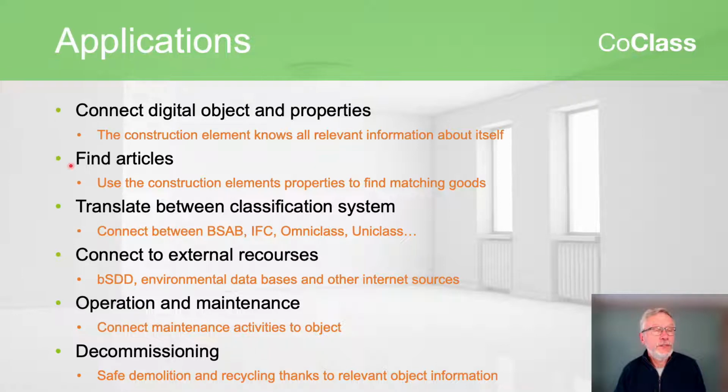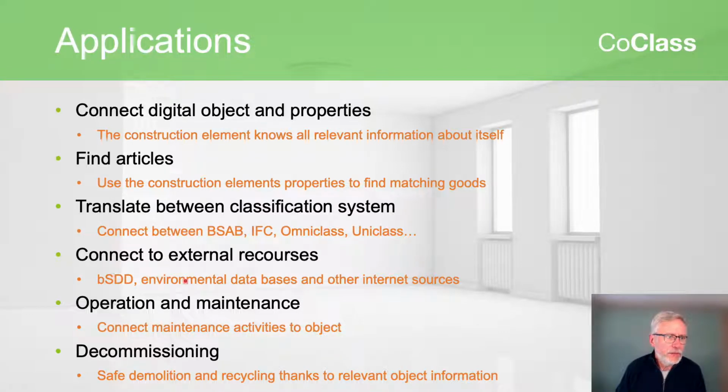It's a service where you can find the environmental properties of products, miljövarubedömningen, and they will start using CoClass now, so you can find, for instance, the wall covering, the pavement and whatever, using CoClass to find the articles that have the least environmental impact. You can use it for translation.